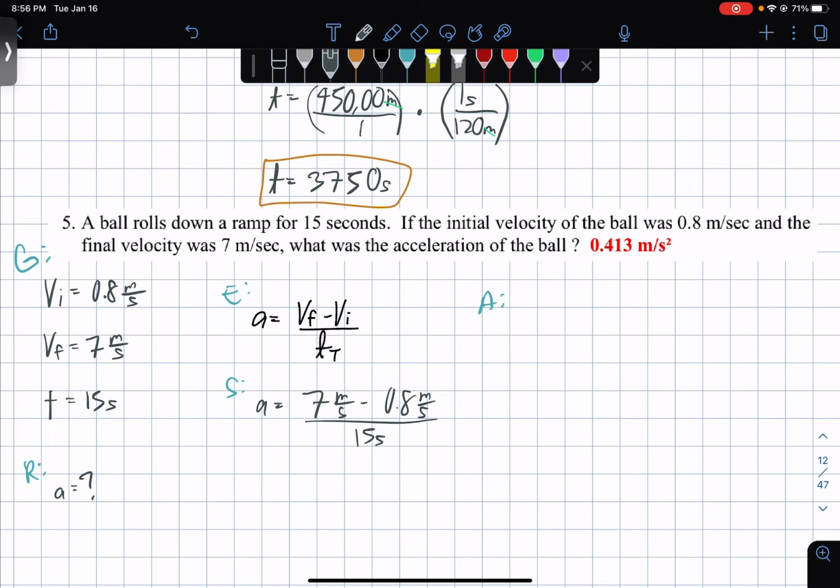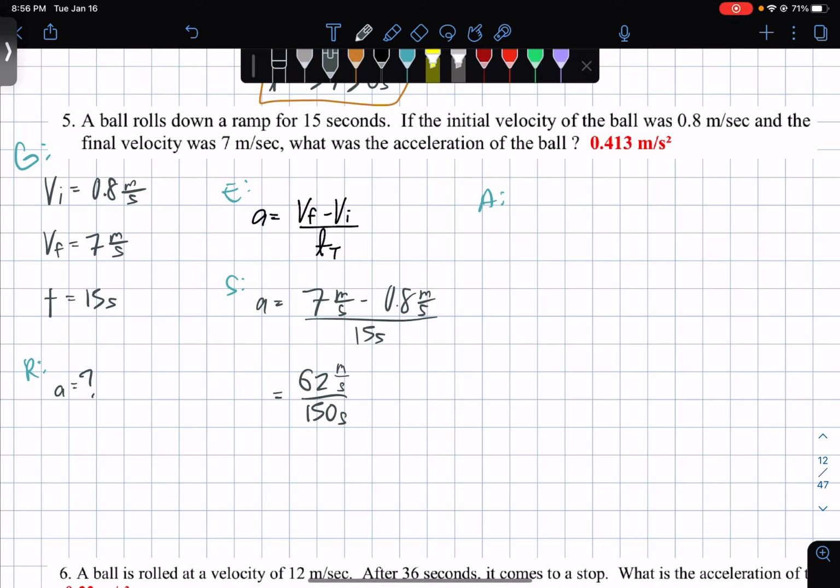7 minus 0.8, that's 6.2. 6.2 over 15. This is meter per second in the numerator. And denominator is seconds. This has to be somewhere 0.4 something.